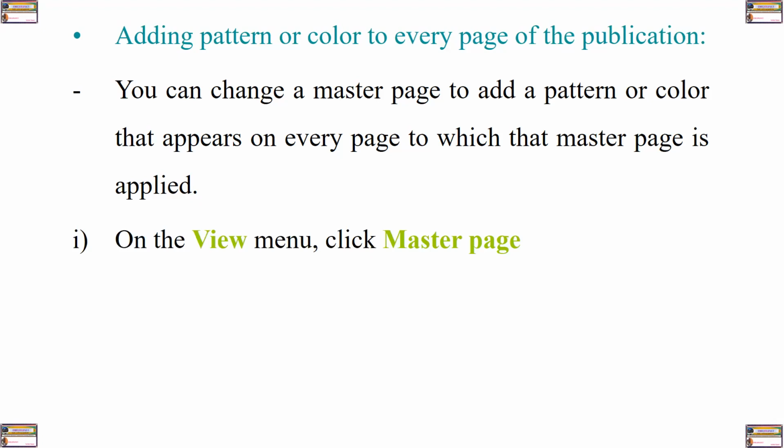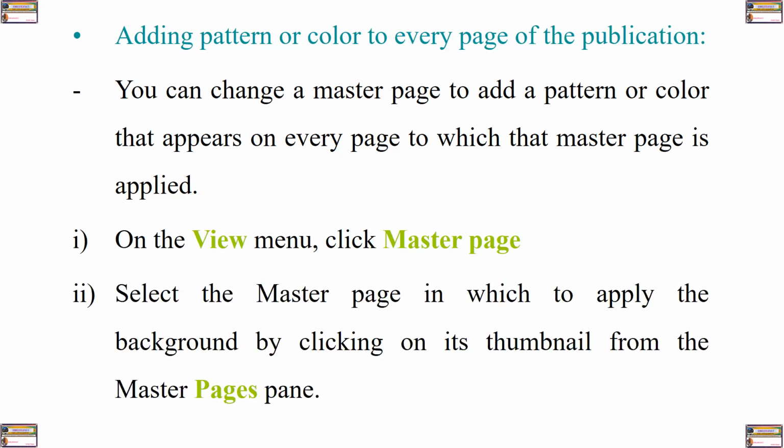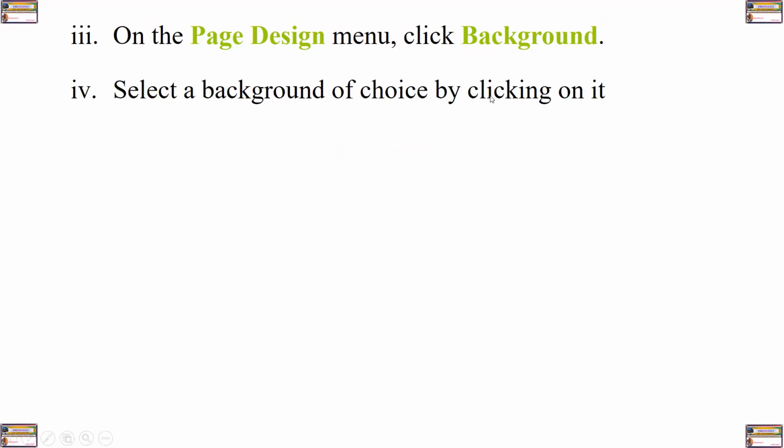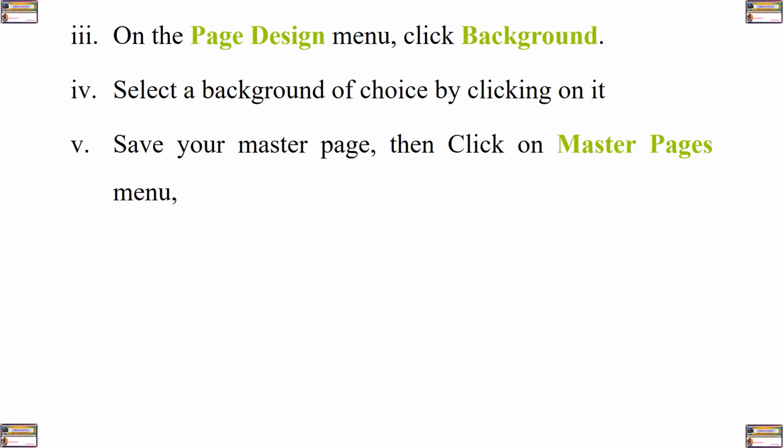To do that, as you have seen, you click on the View menu, then click Master Page. And then you select the master page in which to apply the background by clicking on this thumbnail from the Master Pages pane. And then on the Page Design menu, you click on Background. You select a background of your choice by clicking on it.